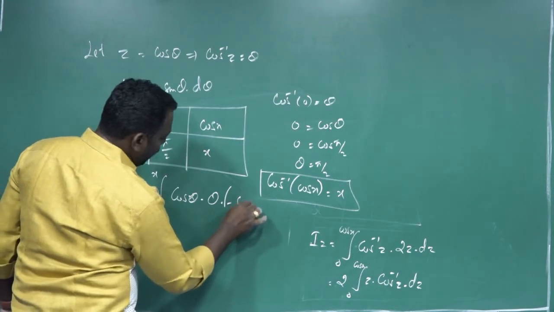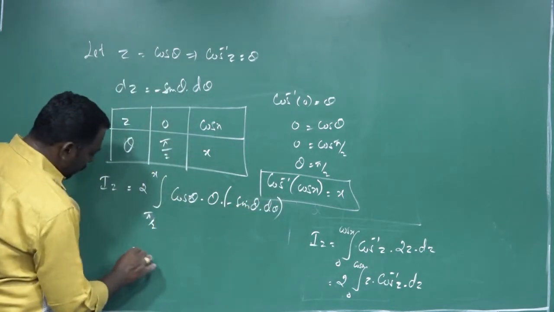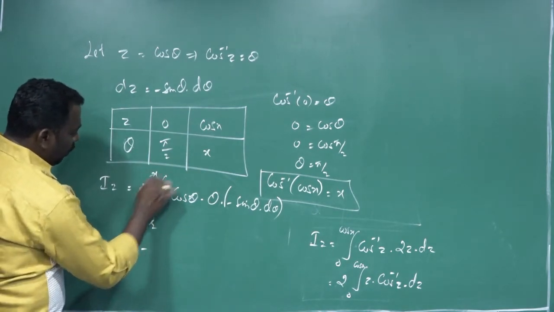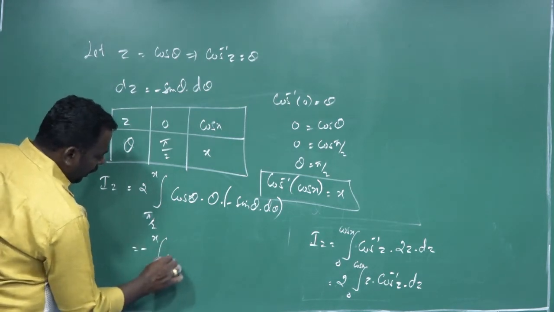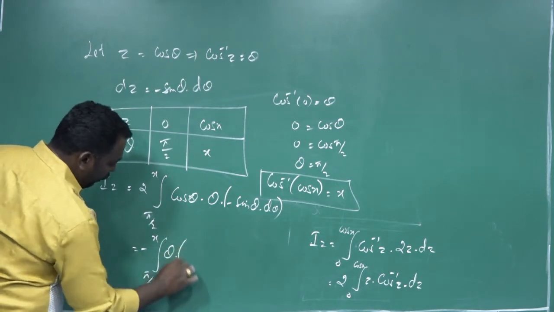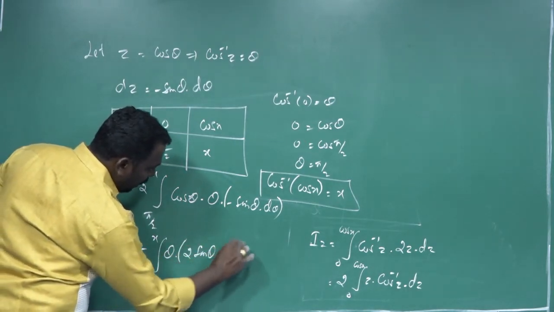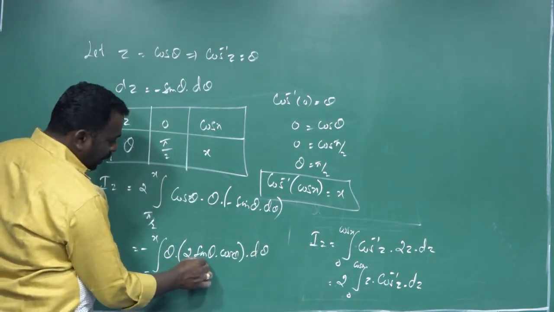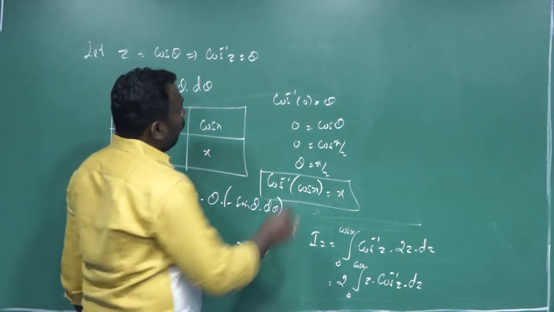Keep minus outside, and this 2 multiplied in the bracket: the integral from pi by 2 to x of theta into 2 sin theta cos theta d theta. Now 2 sin theta cos theta we can write as sin 2 theta.